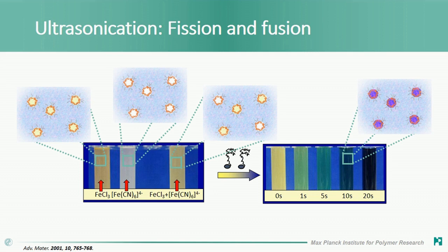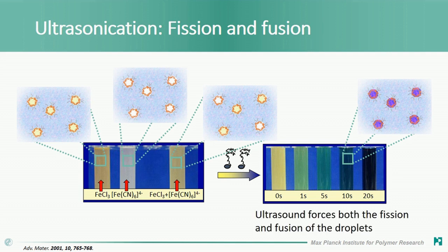So we could see that by applying ultrasonication for just a little bit of time, it induced collision between those two types of droplets that are mixed together. And then we could have reaction between components that are encapsulated in different droplets. So yeah, we break droplets, we collide droplets, we form new droplets.